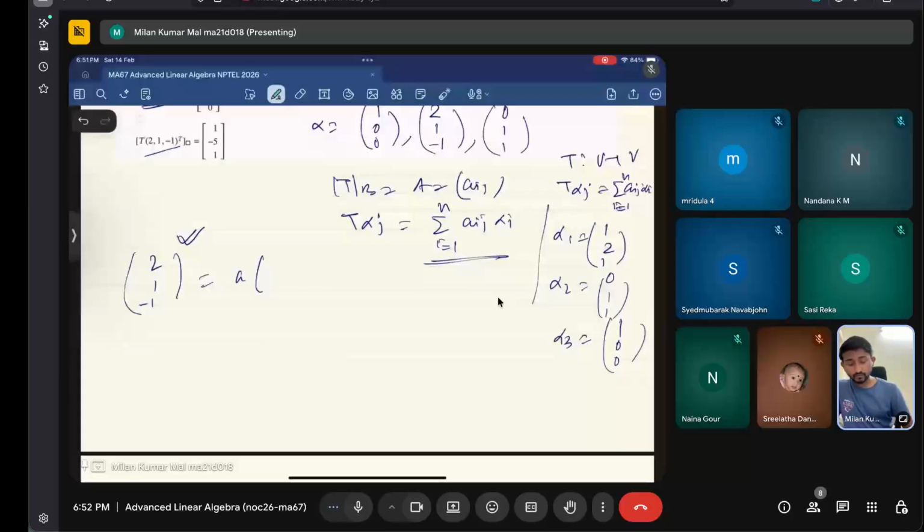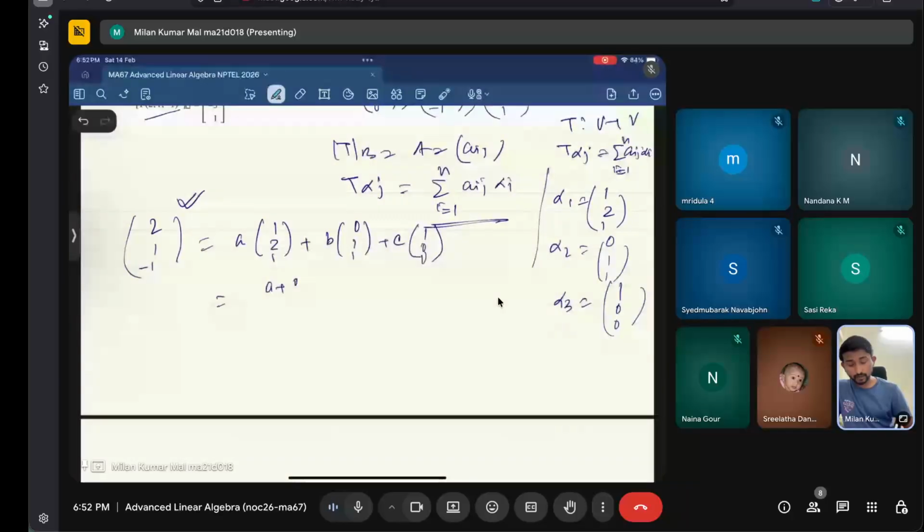This will be A plus C, 2A plus B, and A plus B. I think this is correct. So this has to be equal to 2 1 minus 1. So what we'll get: A plus C is equal to 2, 2A plus B is equal to 1, A plus B is equal to minus 1.